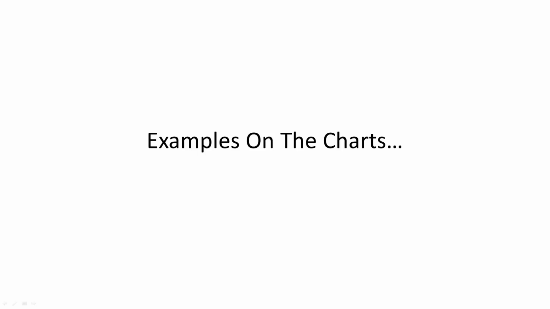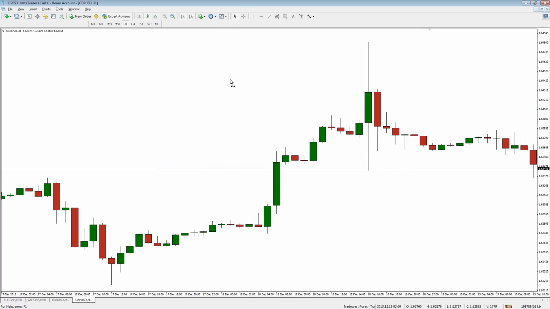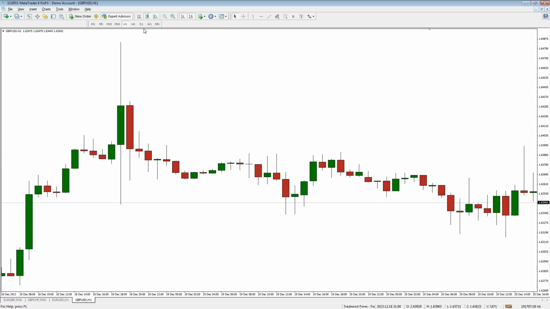Okay, let's zoom in. Just going to clear off all my toolbars so you guys can see it full screen here. Okay, so I've got a pound dollar chart up here.